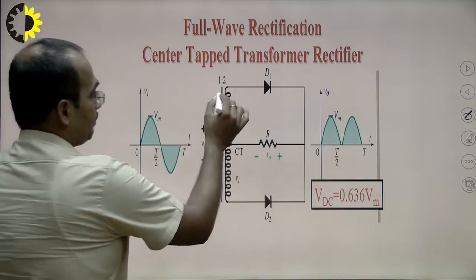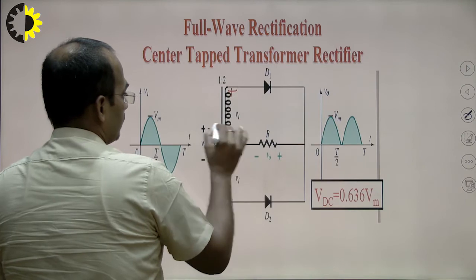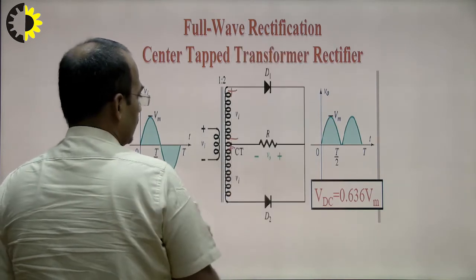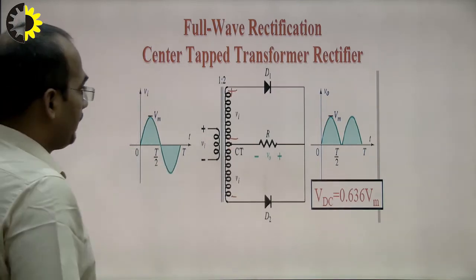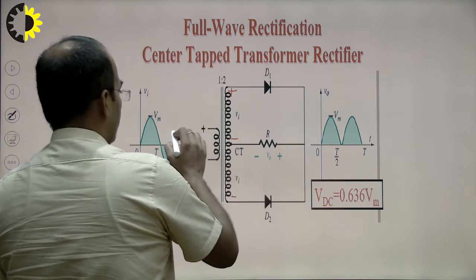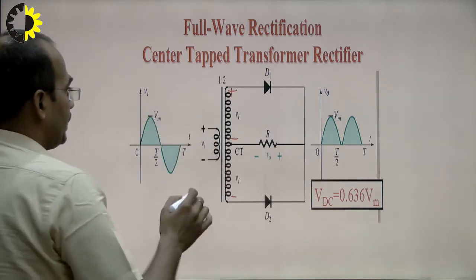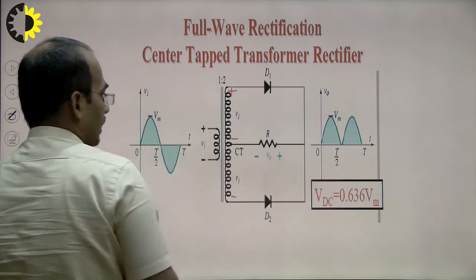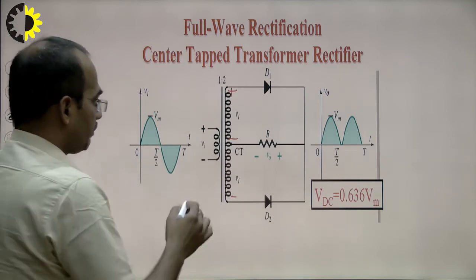The positive polarity will come here, negative polarity will come here. Similarly, the positive polarity will come here and negative polarity will come here. When I apply the positive half cycle at the input, the greater positive charge will appear here and negative charge will appear here.